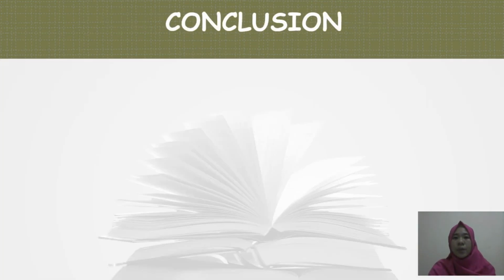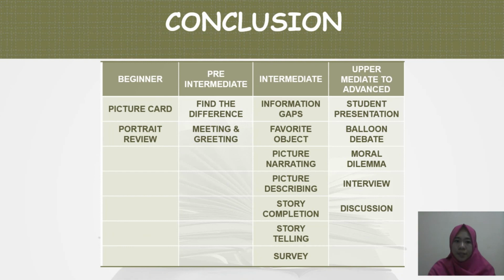And then here we come to the conclusion. There are various strategies of teaching speaking that can be applied. These alternative strategies can be chosen based on student level of proficiency. For beginners, we can use picture cards and portrait review. For pre-intermediate, we can use find the difference and meeting and greeting strategies.